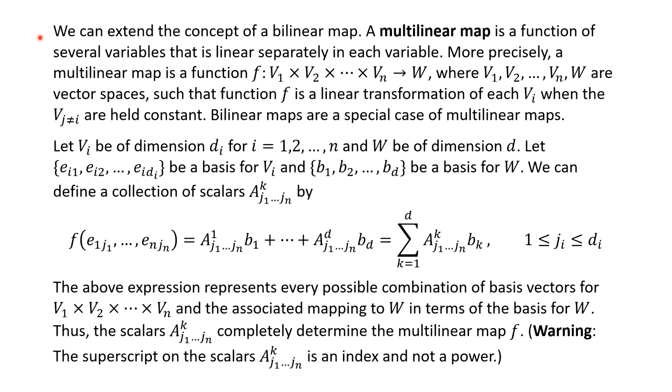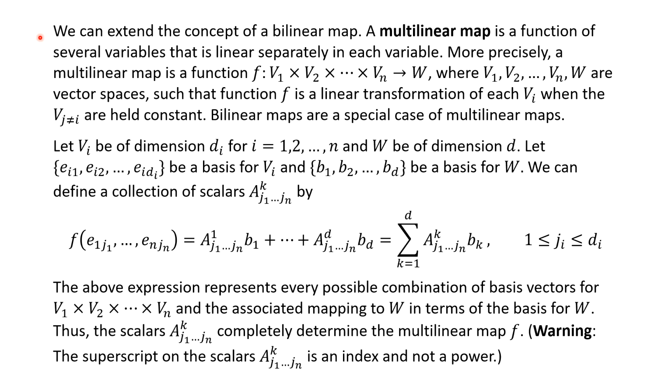We can extend the concept of a bilinear map, and we talked about this before, but I want to get into more detail here. A multilinear map is a function of several variables that is linear separately in each variable.